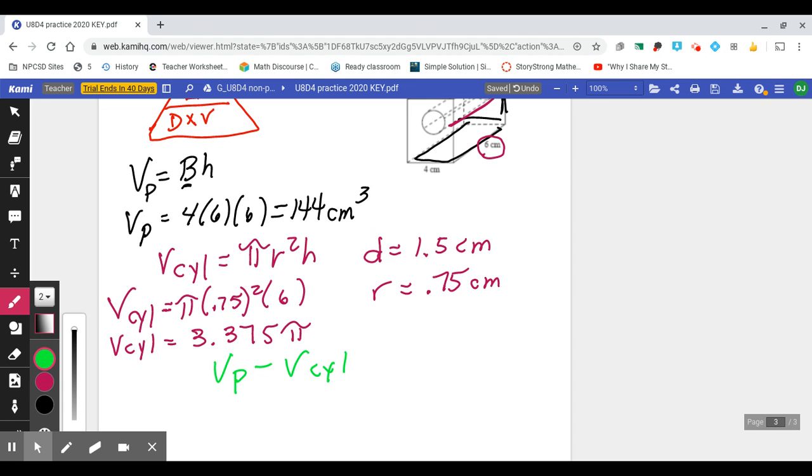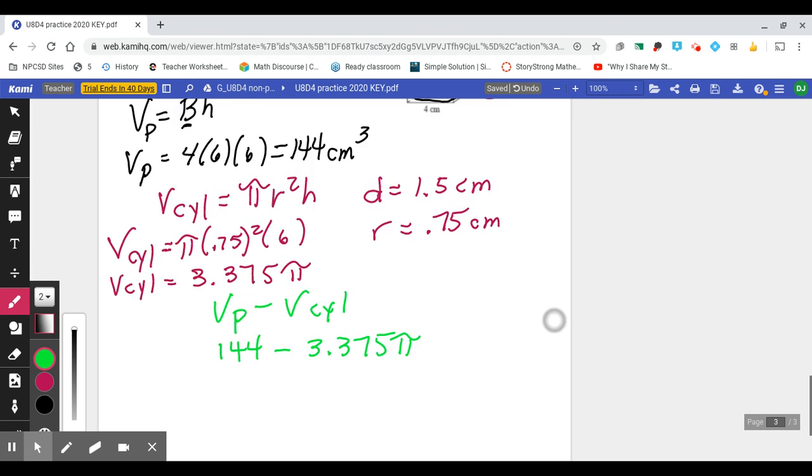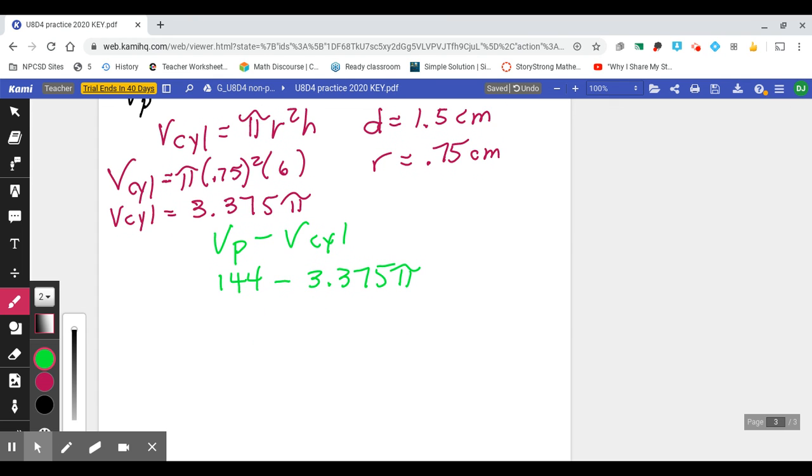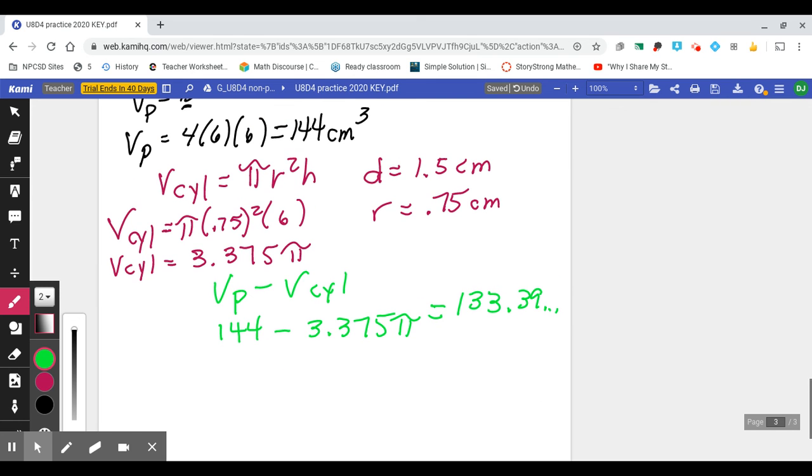Okay, so that's going to be the 144 minus 3.375 pi. And I can just put that all in my calculator. 144 minus 3.375 pi. Okay, so this is now equal to 133.39 dot dot dot. I'm just going to keep the whole number in my calculator.